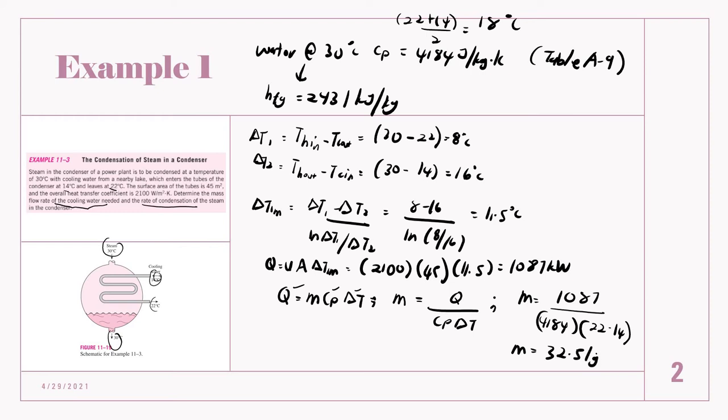So we get m equal to 32.5 kg per second. If you want to determine the mass flow rate of the steam, you can use this formula: Q is equal to m h fg, the heat of vaporization.